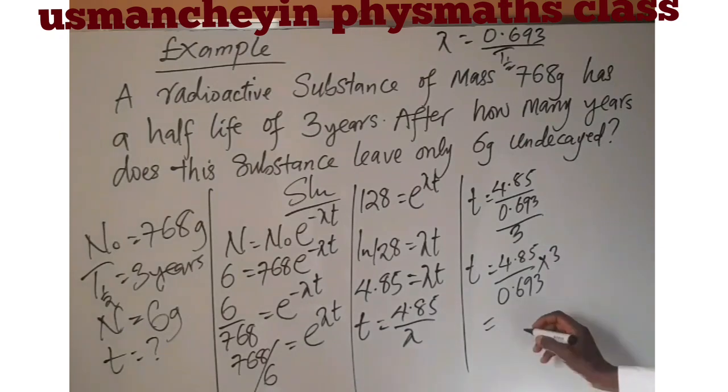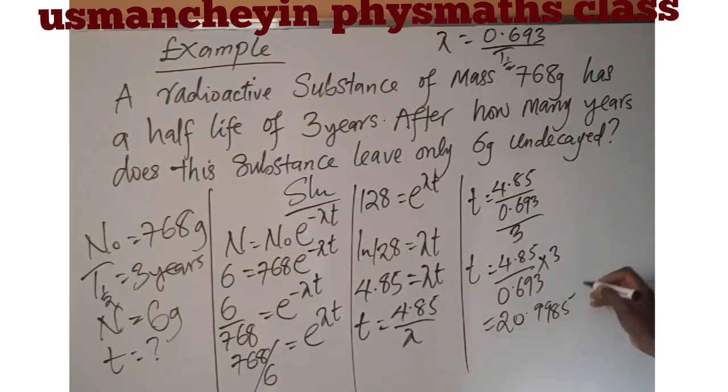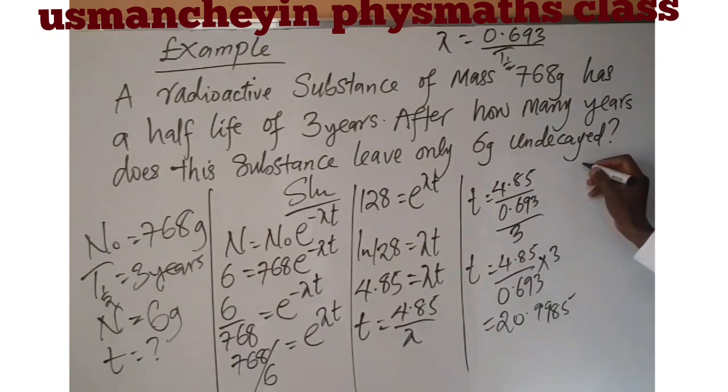This gives us 20.9985. If you approximate it, t is approximately 21 years. And that is the time taken: 21 years.